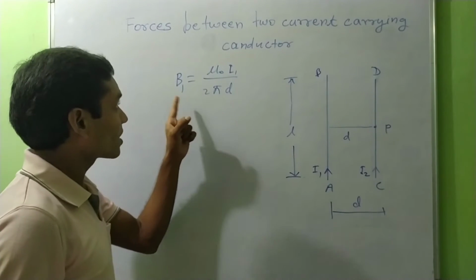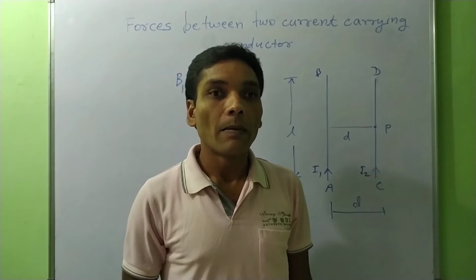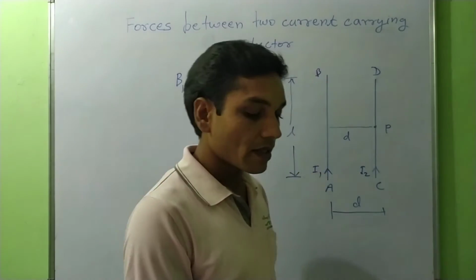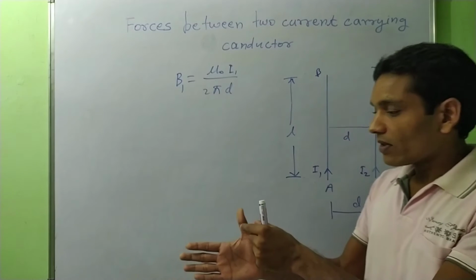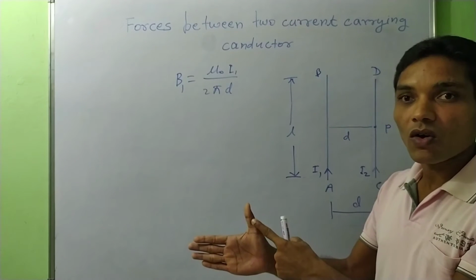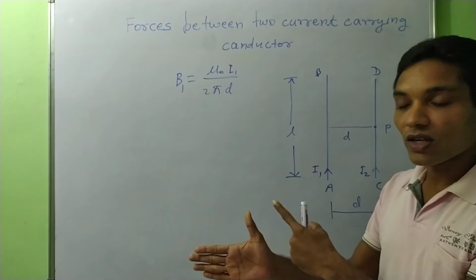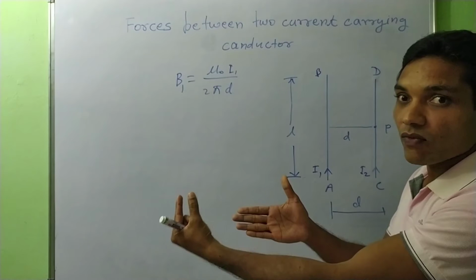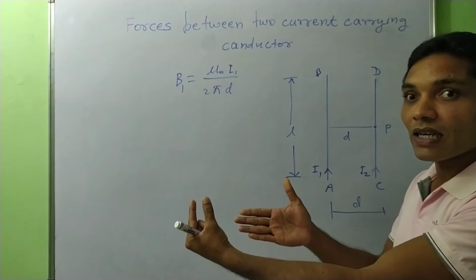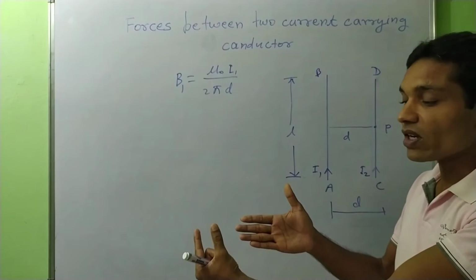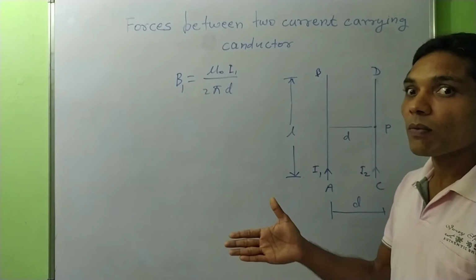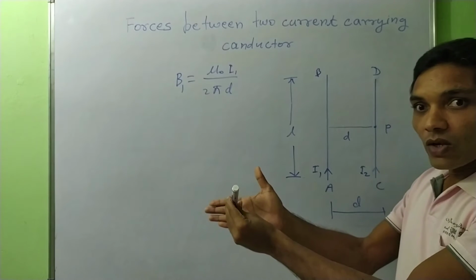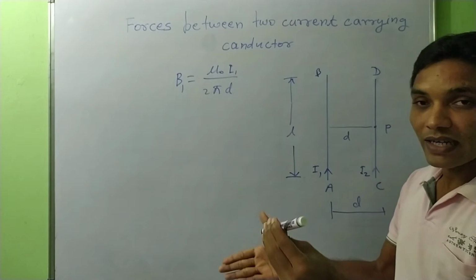Now what will be the direction of this magnetic field? By right hand palm rule number two, open your palm such that the thumb shows the direction of current flowing through the conductor and the fingers show the point where we have to determine the direction of the magnetic field. The direction of the magnetic field is outward, perpendicular to the palm of the right hand.